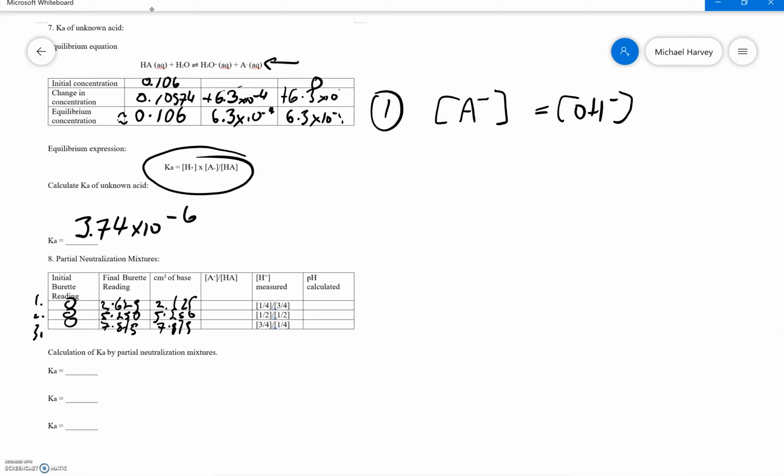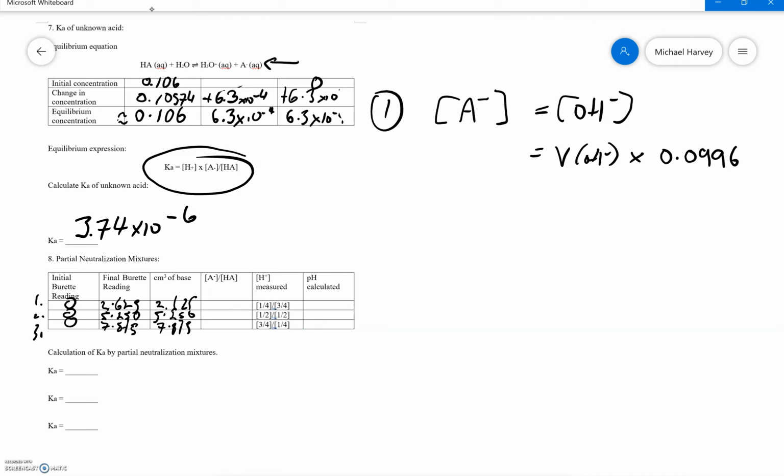So that will be equal to the volume of the hydroxide that has been added times the concentration of the base, which is 0.996, which I gave you.